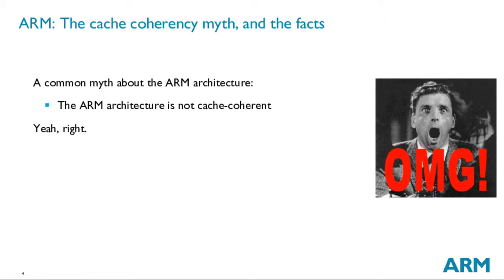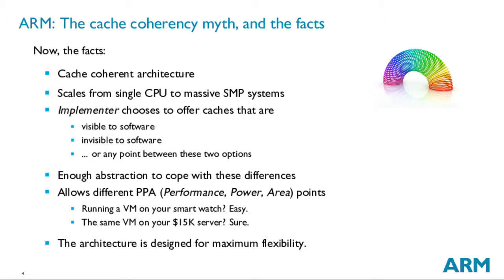So, common misconception about ARM: it is not cache coherent. Yeah, right. This is obviously wrong. ARM is very much a cache coherent architecture. It scales from single CPU to relatively massive SMP systems. You can almost easily find a production system with about 100 cores on it, with 2 sockets.